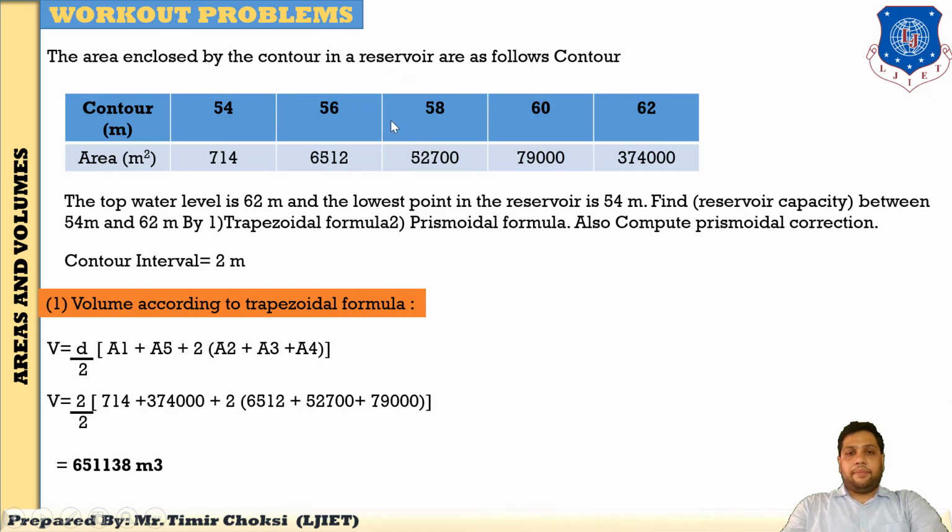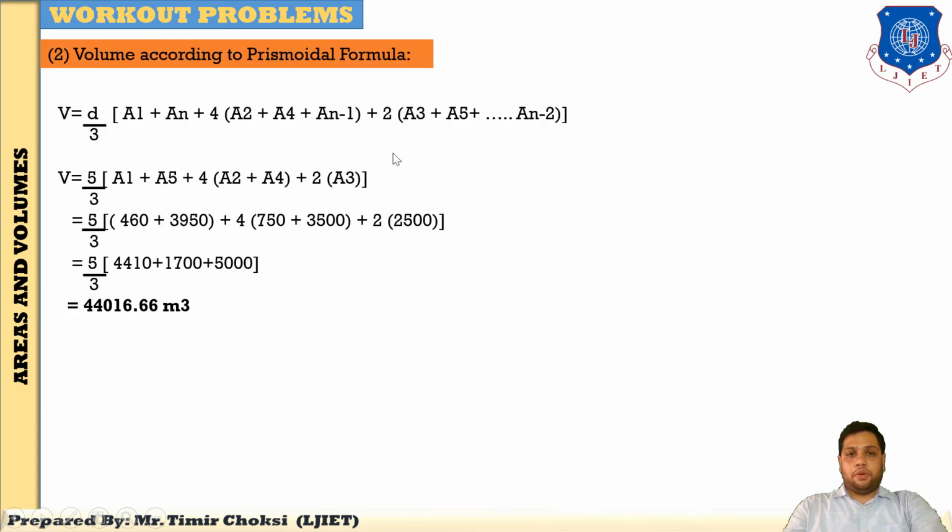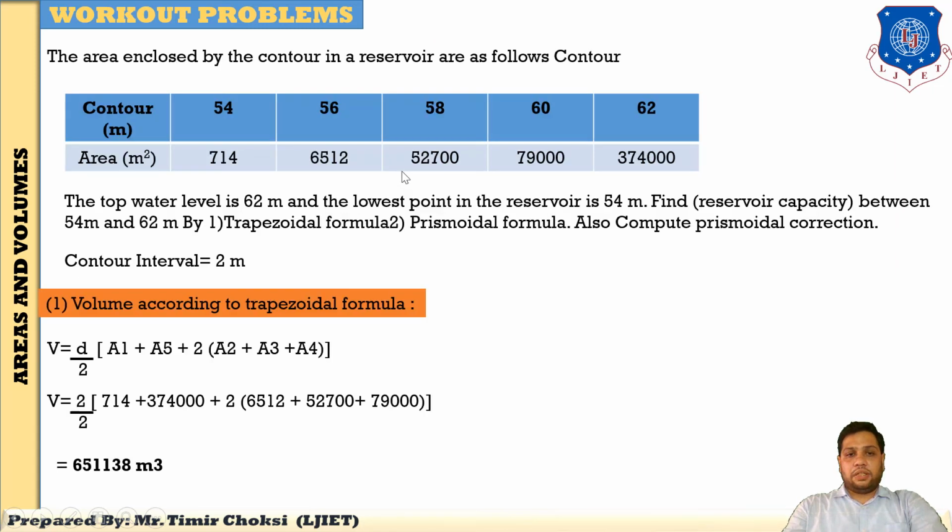Now the second example, as an exercise, with only one step added. It is the same as the previous example. First the contour levels and areas are given, and find the volume from the trapezoidal and Prismoidal formulas. The interval is 2 meters.